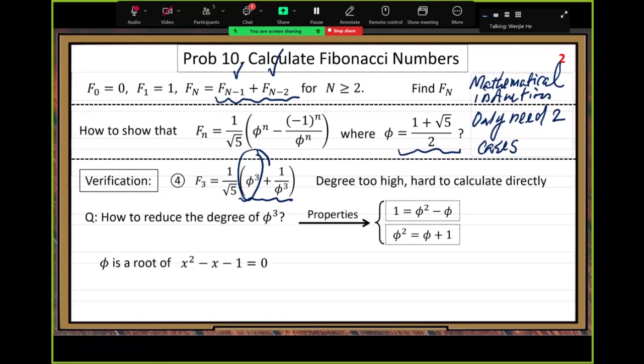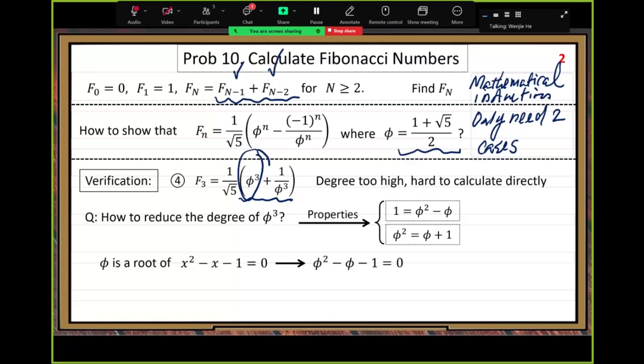That means if you plug the golden ratio phi into this equation, we should have the equality phi squared minus phi minus 1 equals 0. If you plug in, you get 0, right? Because we calculate from that equation.